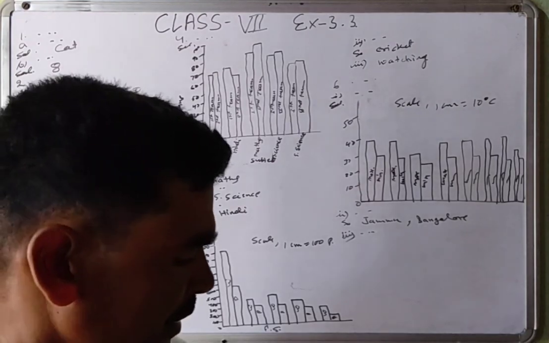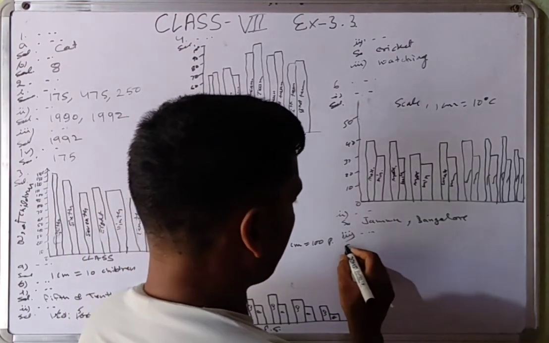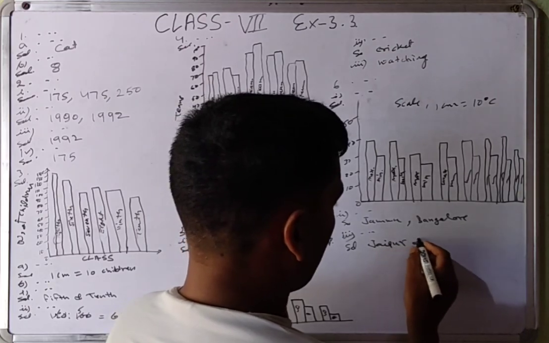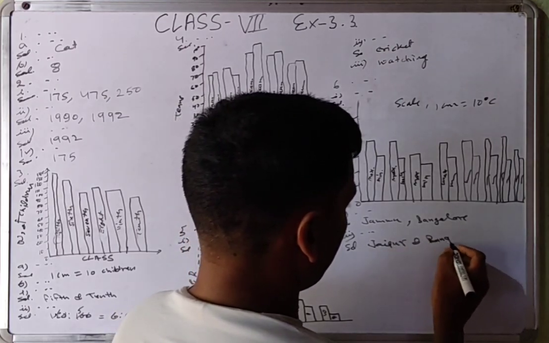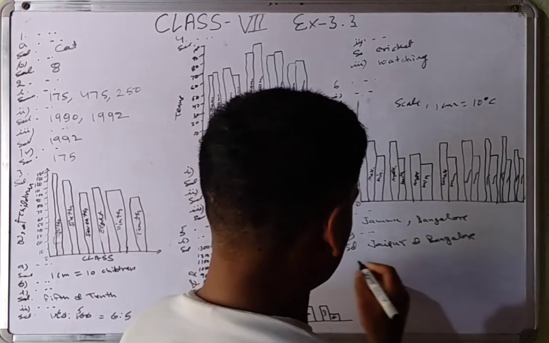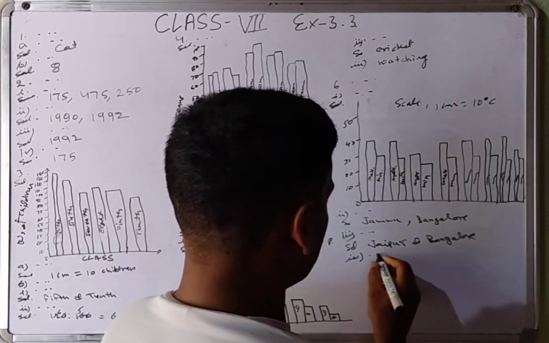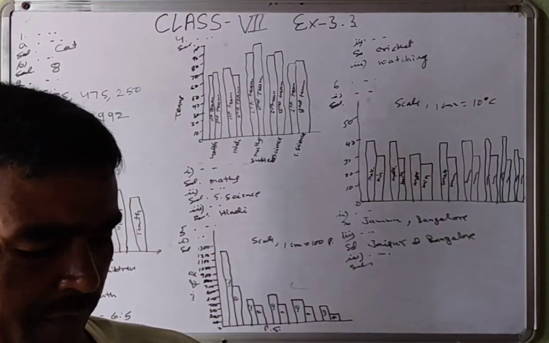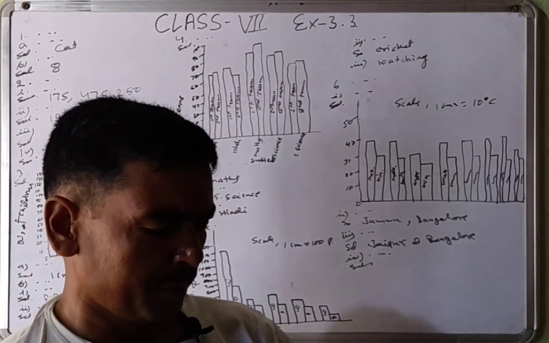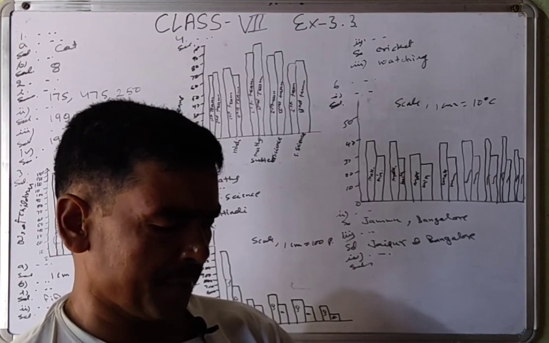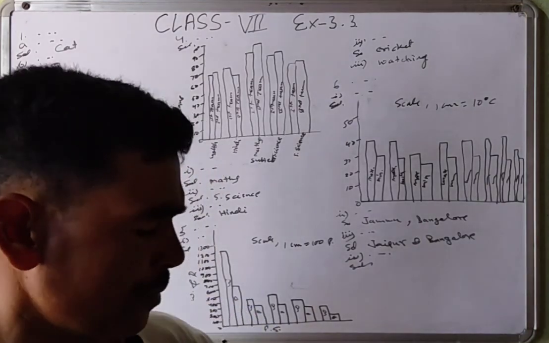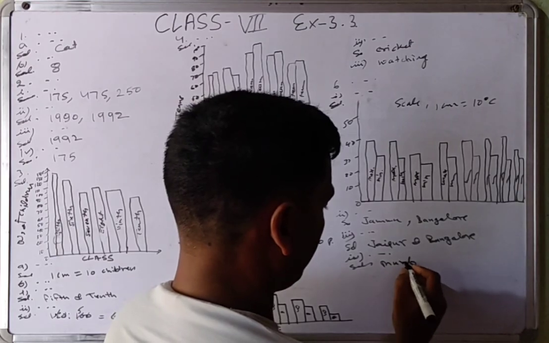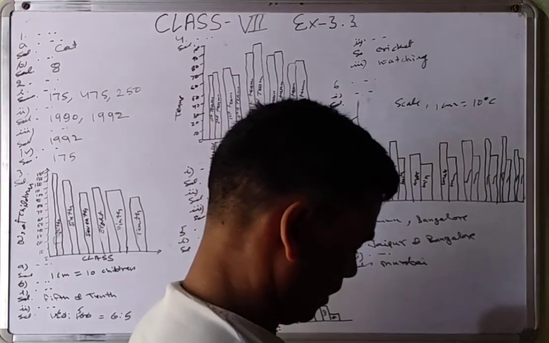Bangalore and Jaipur. Fourth part: name the city with the least difference between its minimum and maximum temperature. Mumbai. Okay.